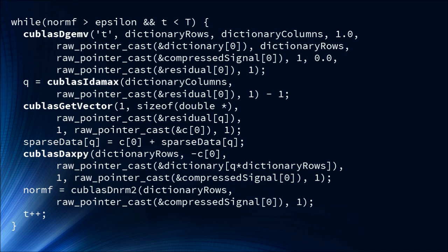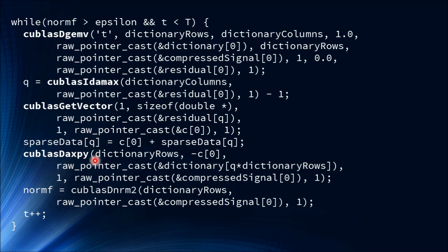It says, while we still have some work to do and we haven't run out of tries, then do a big old matrix multiply of our matrix or dictionary transposed with the compressed signal, put it into the residual, find the biggest item in the residual, pull it out, do a little manipulation there to update our data, update our answer based on that.